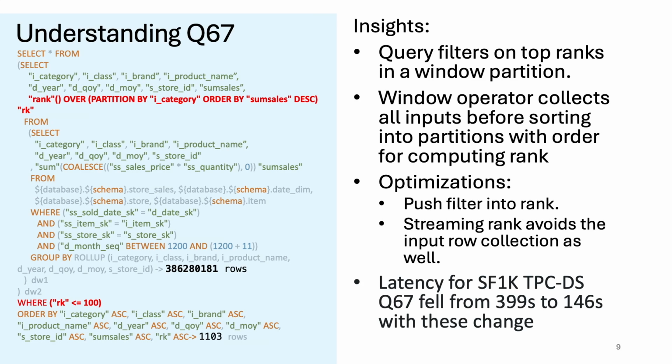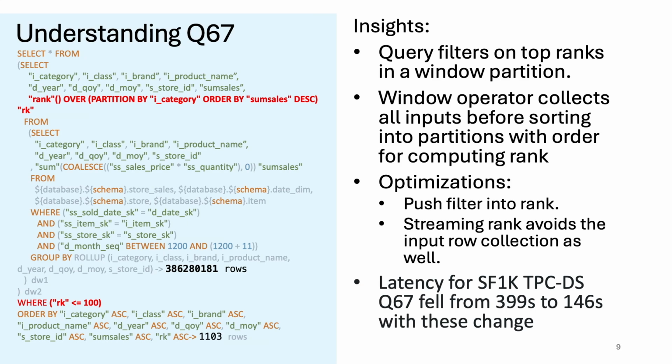But what happens at the outer layer is that we do this rank function. That rank function partitions by category, orders by the sales that it has computed as an aggregate, and is only looking for the top 100 rank rows in every partition. So your inner massive join has 386 million rows, but the result is only around 1,000 rows.